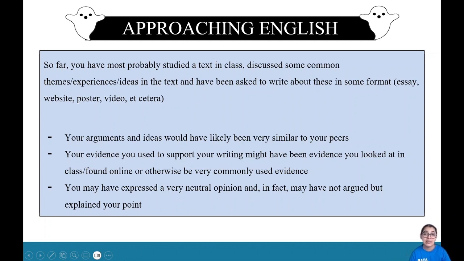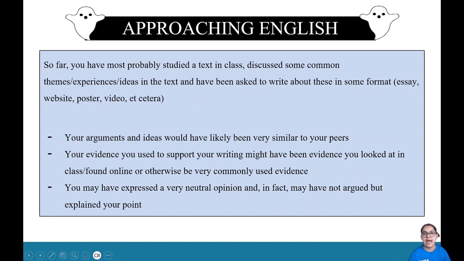You may have used similar evidence or similar scenes from a movie or similar quotes from a text, and the evidence used could be very commonly used evidence, and you may have also expressed a very neutral opinion.